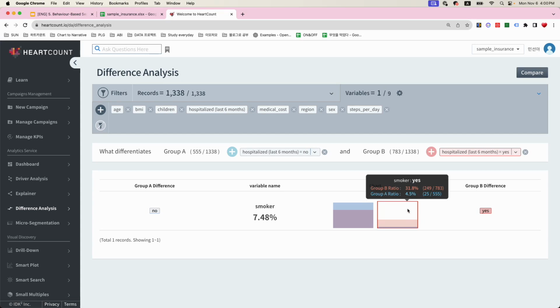For example, of the 783 individuals hospitalized recently, 31% were smokers. In contrast, only 4.5% of the 555 people who were not hospitalized smoked. This significant difference suggests that smoking status is a meaningful characteristic when distinguishing between these groups.